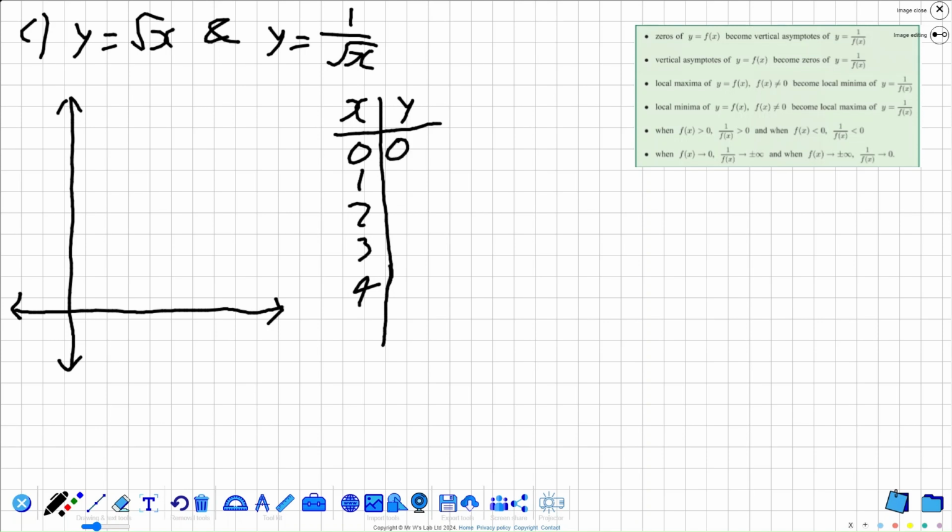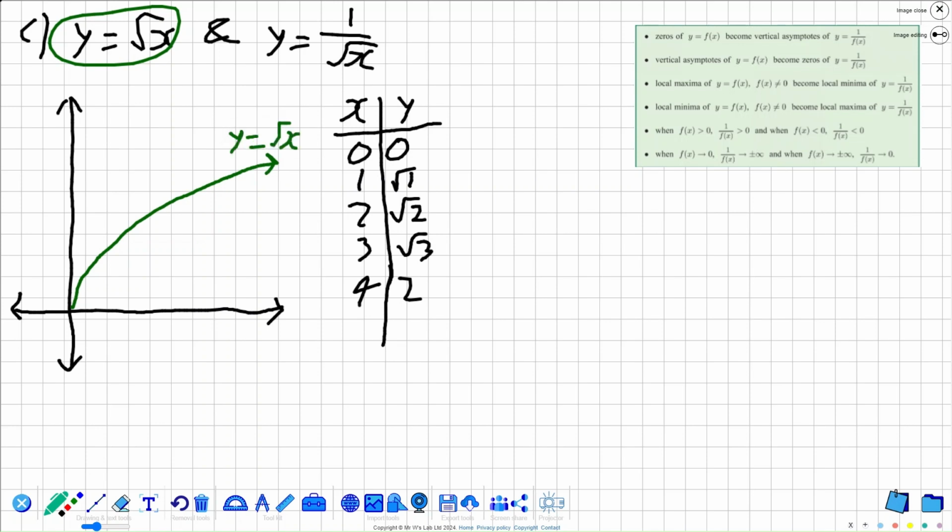So we've got 0, we've got root 1, we've got root 2, root 3, and this one we can just write as 2. And so then it's pretty clear that as we go along the x path, we are increasing. However, the rate of this increase is slightly less. So I might circle that so we know which one it is, and we're just going to draw a graph that looks around about like that, and then label it y equals root x.